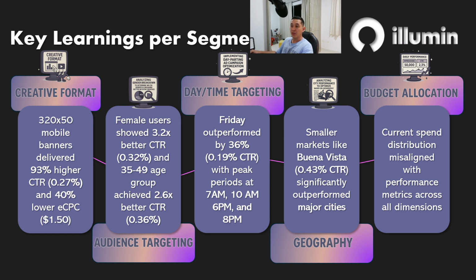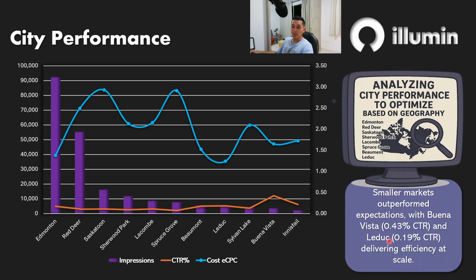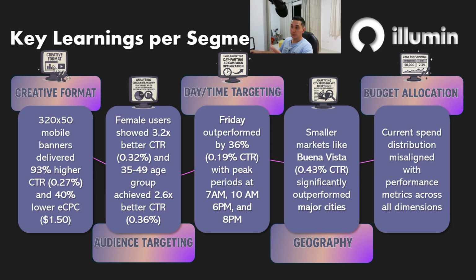We also have the geography findings, where we identified that smaller markets significantly outperform expectations, cities like Leduc or Buena Vista outperforming compared to major cities. So we also have the budget allocation.